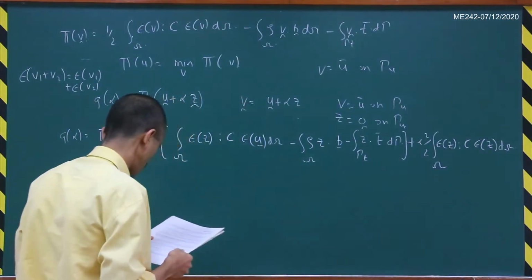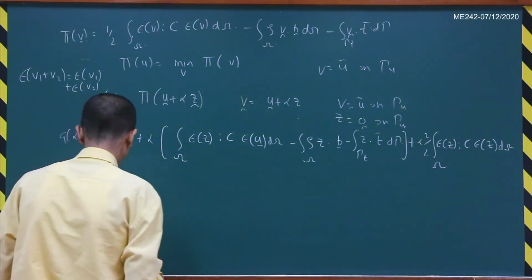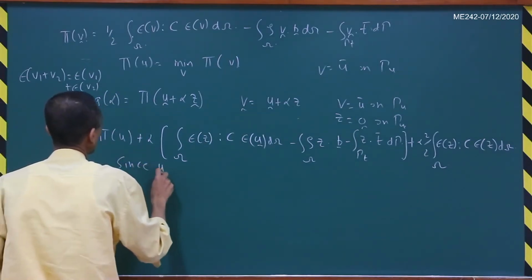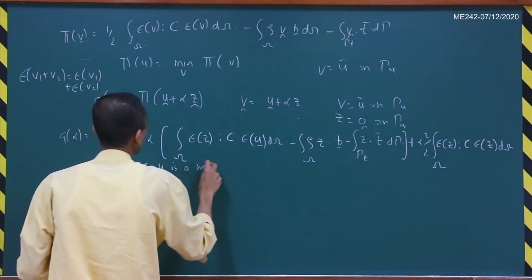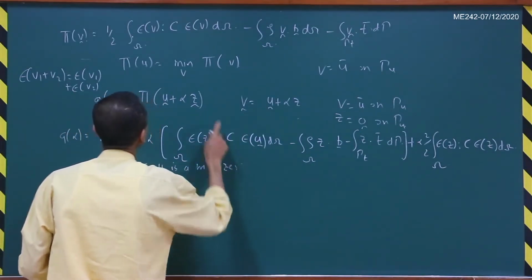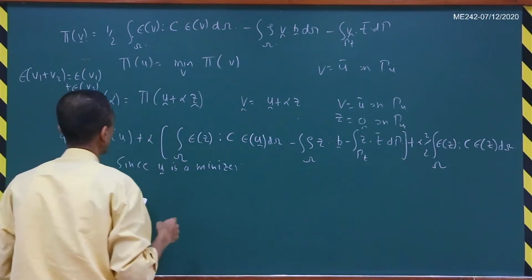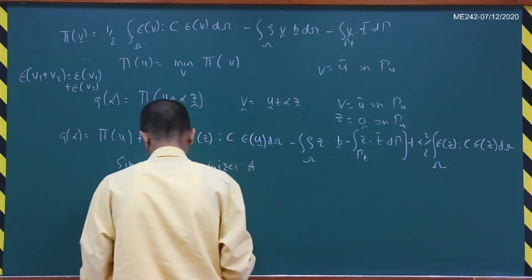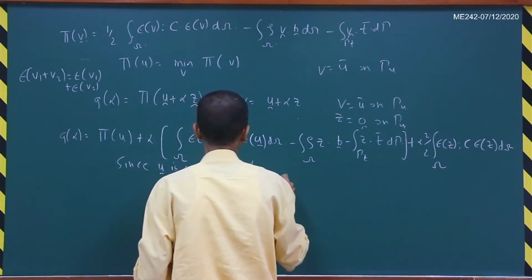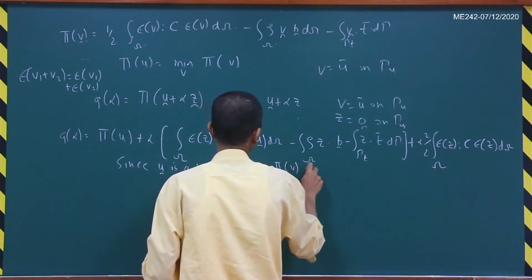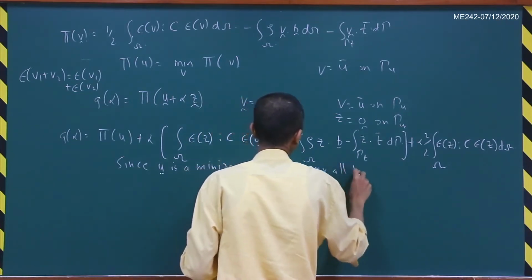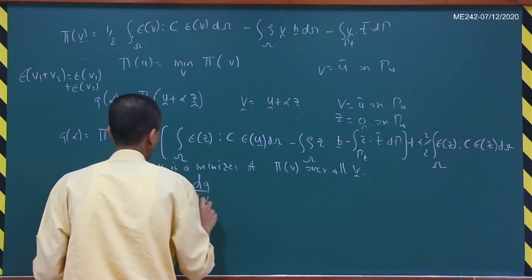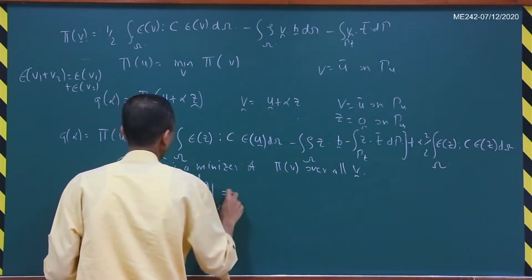Then now you want to minimize. Since u is a minimizer, first we are assuming that this minimizer holds. Since u is a minimizer of phi of v over all v, we will get that dg by d alpha evaluated at alpha equal to 0 is equal to 0.